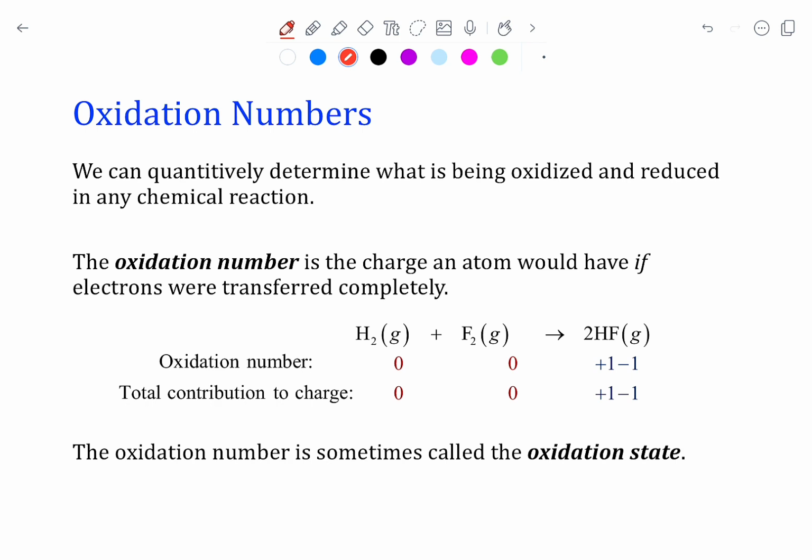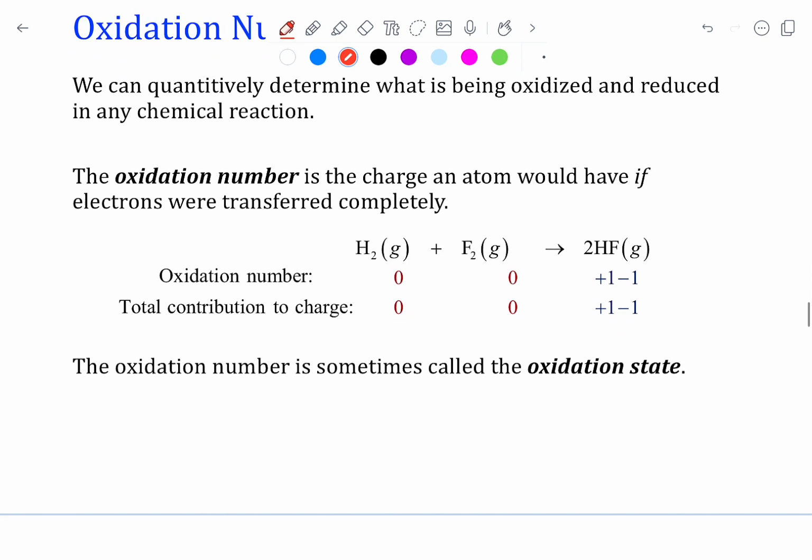So we have the example here, which we already kind of have been looking at, honestly, since we've been doing ionic compounds. We have H2 reacting with F2, creating HF. This is exactly how we started our previous problems. I said, okay, H2 is elemental, right? If it's elemental, it's coming right off the periodic table, it has a charge of 0.